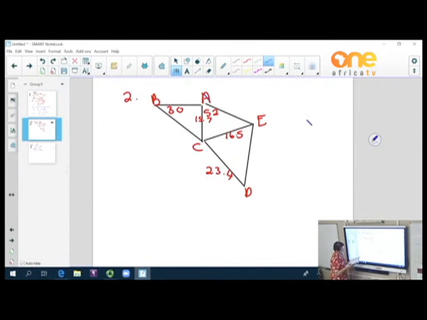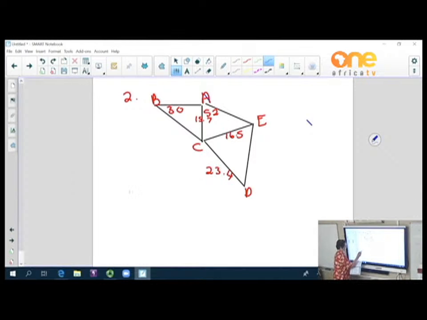Right, question 2. In the diagram, BCD is a straight line. It's a quadrilateral that you have there, with all the information. So in the first place, they say calculate BC. Again, is it a right angle triangle? Yes, it is a right angle triangle. So which function will I be using?